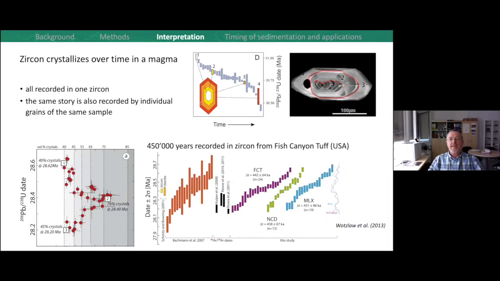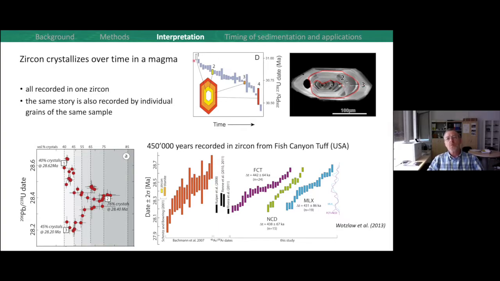So we may find this in one single zircon. You see here a first generation of growth, a second generation of growth, a third. So this could be an inherited core, but it's not. All this happens within 100,000 years maybe.